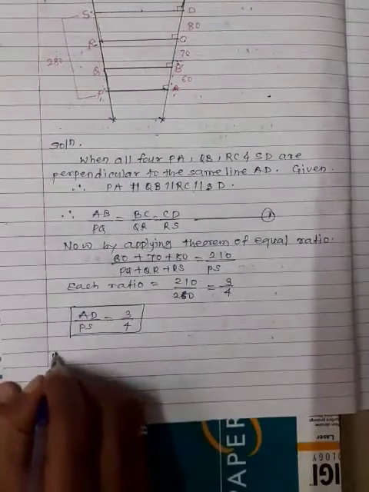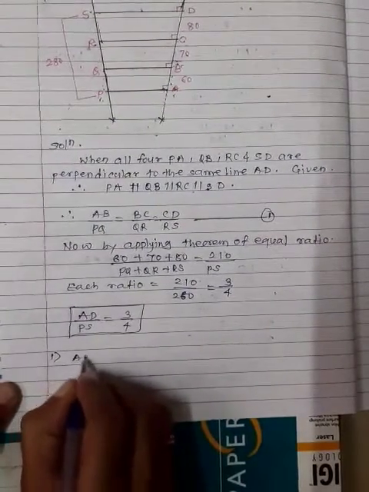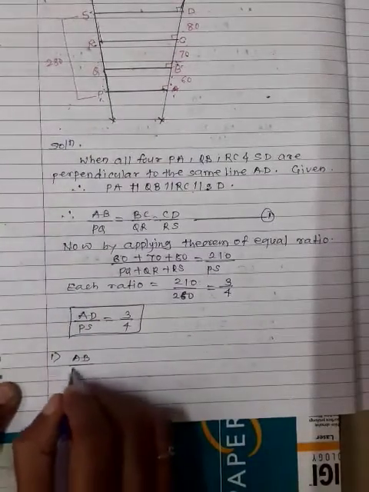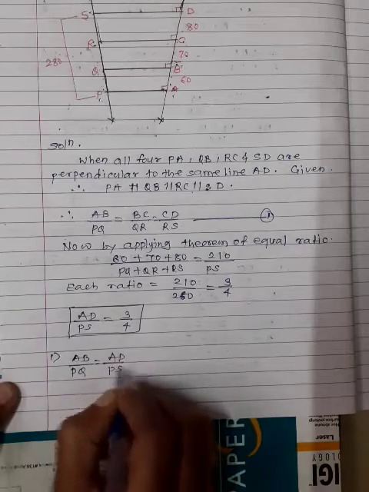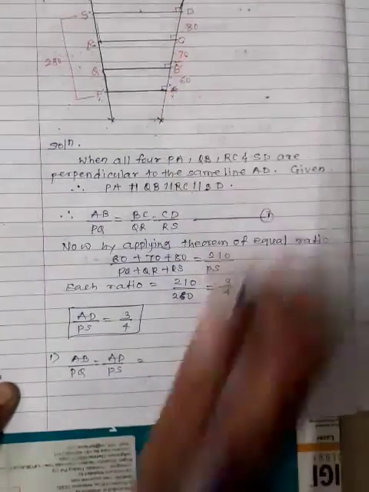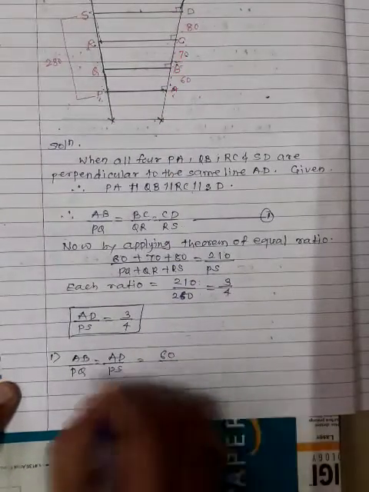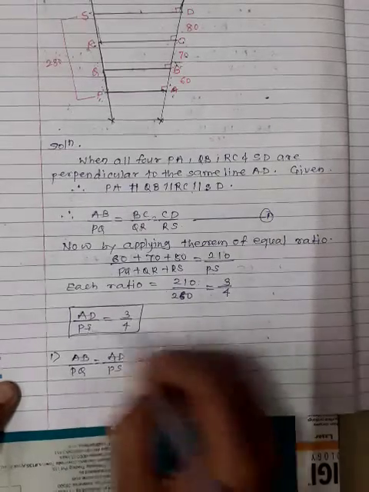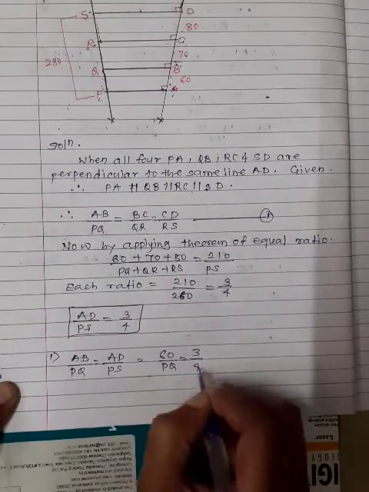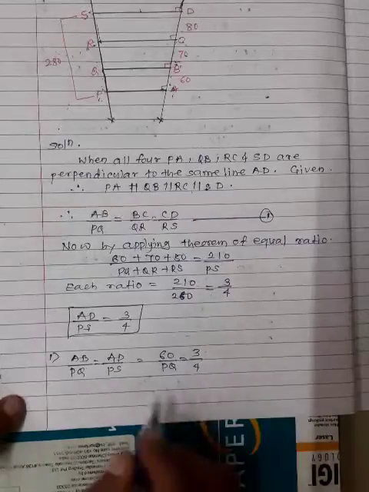First, AB upon PQ is equal to AD upon PS. AB is 60 upon PQ, find out PQ, is equal to AD upon PS, which is 3 upon 4.